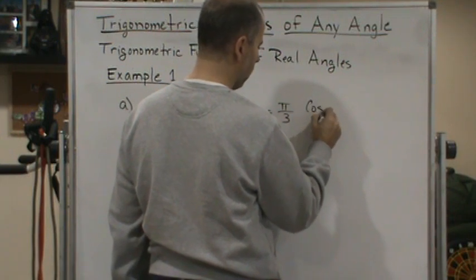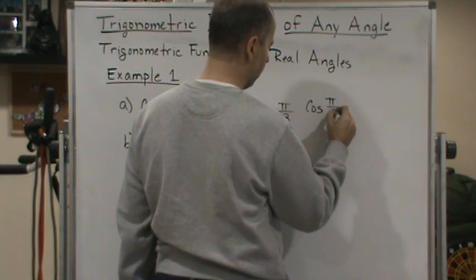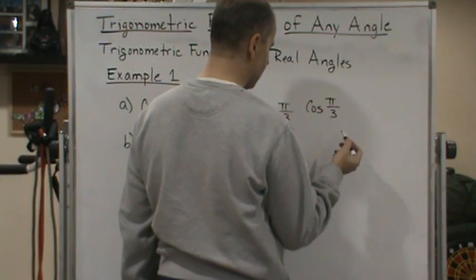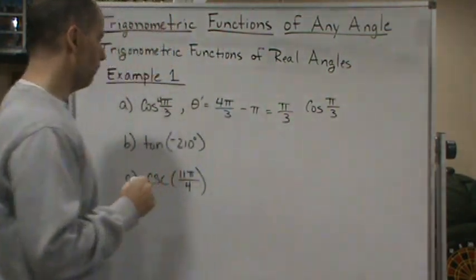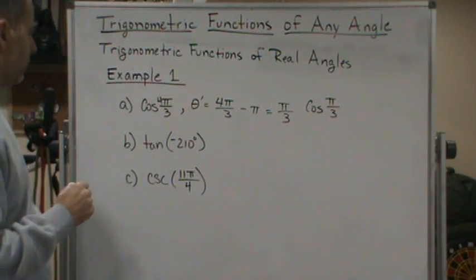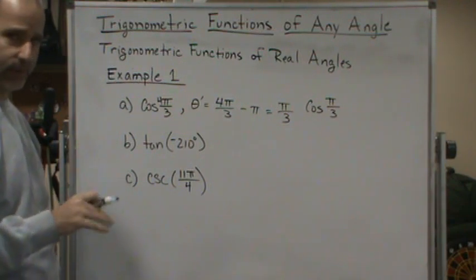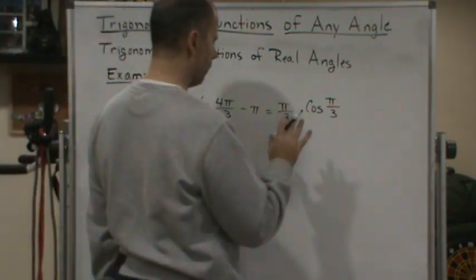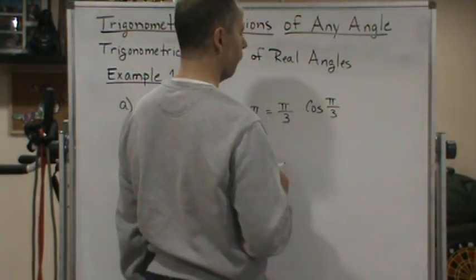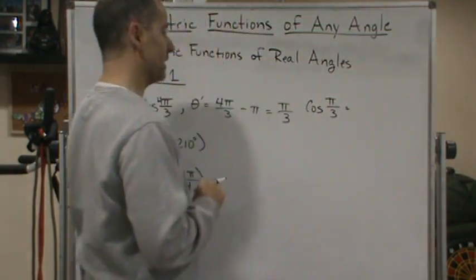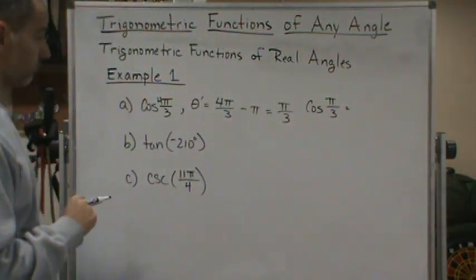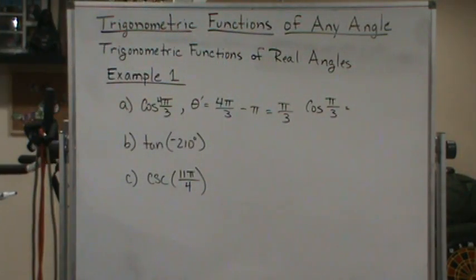So we know the cosine of pi over 3, which is 60 degrees. Did I say 30 degrees earlier? If I did, that's a mistake. It's 60 degrees. So pi over 3 is 60 degrees. And so we know that cosine of 60 degrees is going to be what?